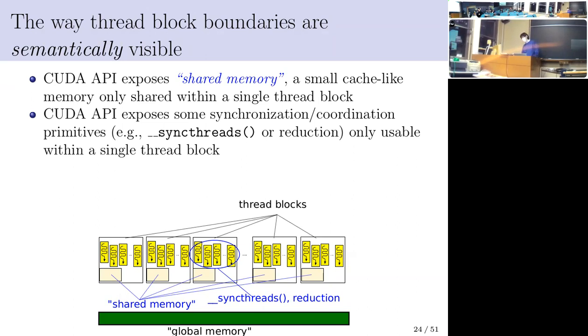So when each thread in a thread block calls this sync thread function, they synchronize only within a single thread block. They cannot synchronize between different thread blocks.